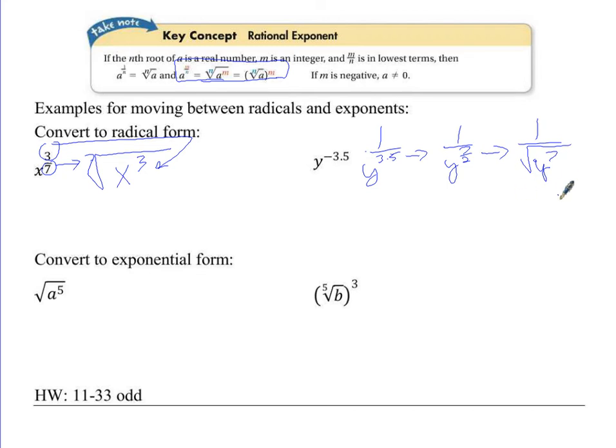So we have to simplify this, and then we have to get rid of the root in the denominator. To simplify this, we need to find the biggest perfect square that goes into y to the 7th power. Y to the 6th times y. So I have 1 over the square root of y to the 6th times y. What does that simplify to? Y to the 3rd times the square root of y.